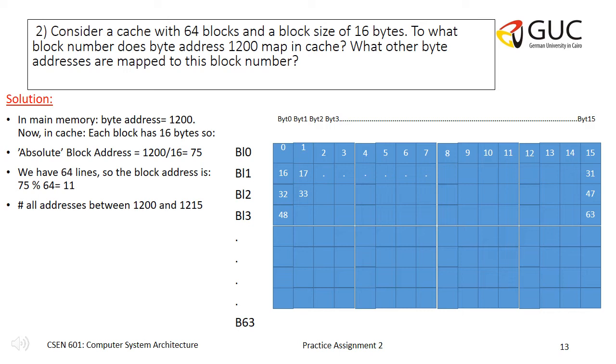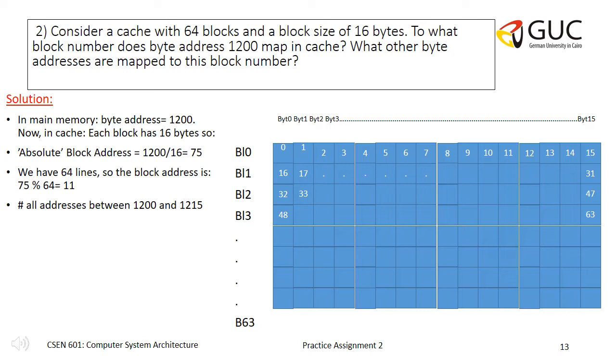We can also do it in an easier way: when we have the 75 and we know that the cache will start all over, we just subtract 64 from 75. We will have block number 11, which is similar. Okay, we will get the same answer.